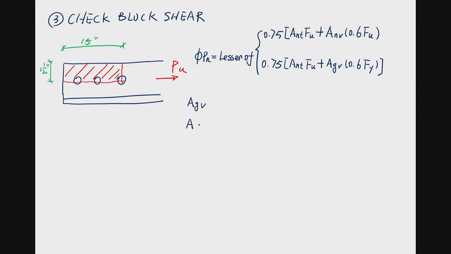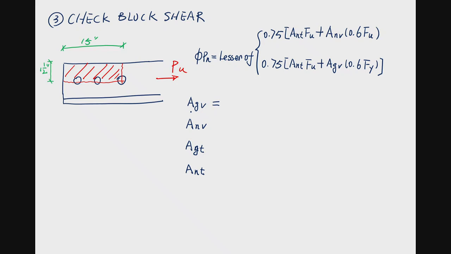AGV, ANV, AGT and ANT. So always need to calculate these 4 areas in order to find VPN.